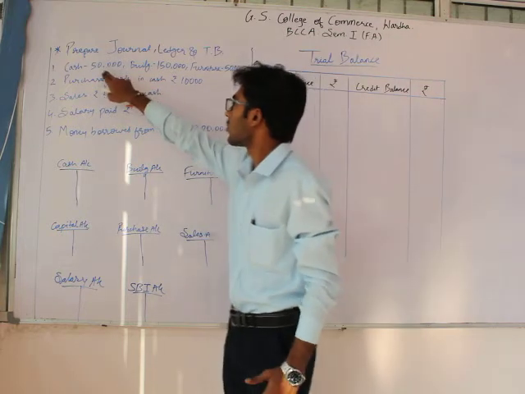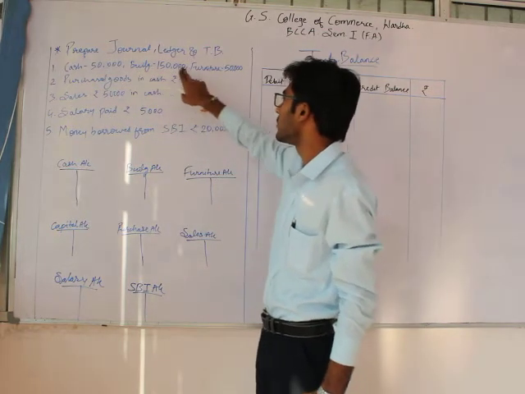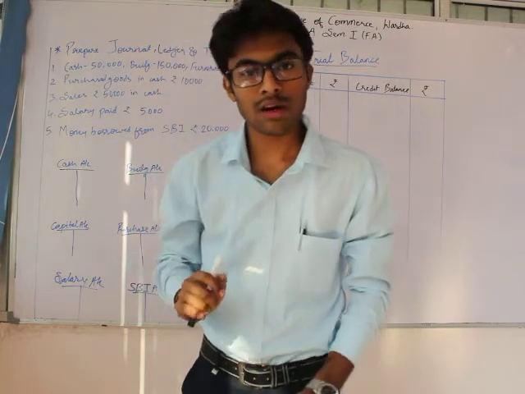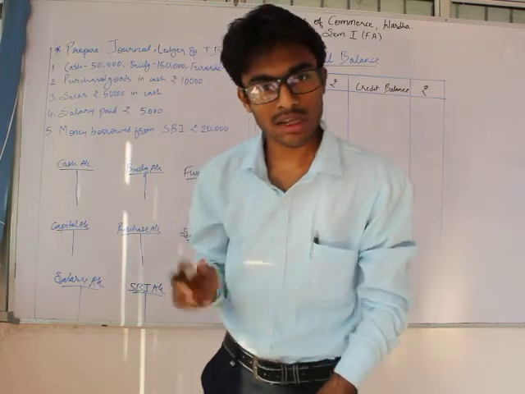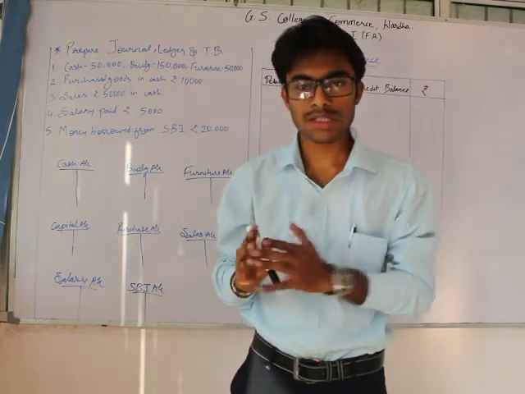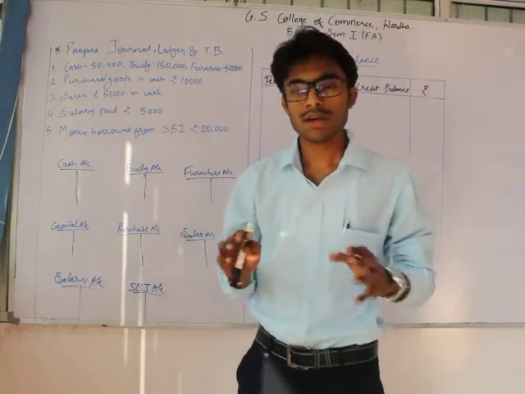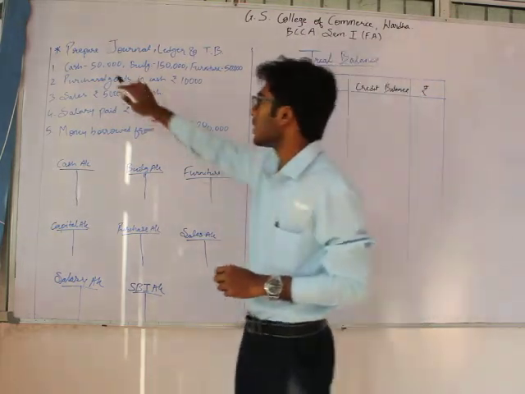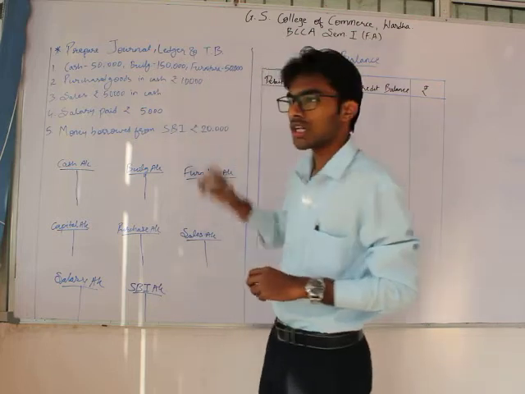So cash account will be debited, building account will be debited, furniture account will be debited, and capital account will be credited. How can that be credited or debited? If you want to find the logic, please see the previous lectures, so that you can get the logic for debits and credits.